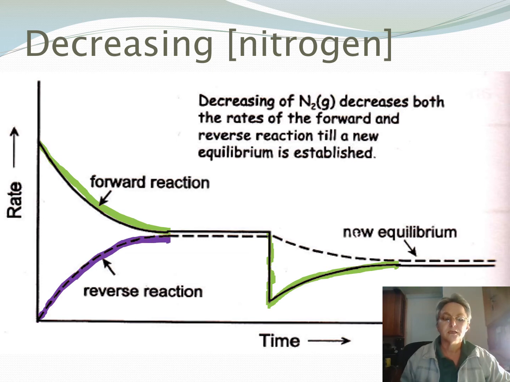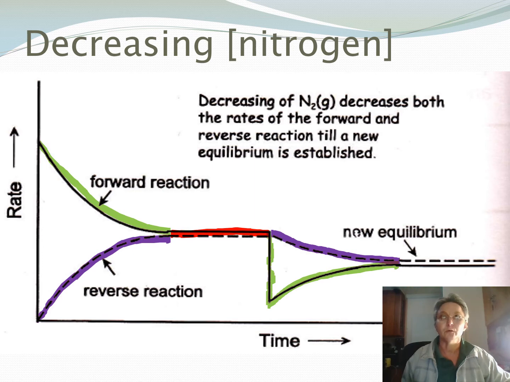Sorry, I'm taking this first part. That's where the initial equilibrium was. Then the nitrogen was removed. Now the rate of the reverse reaction will also decrease. There will be less ammonia forming.